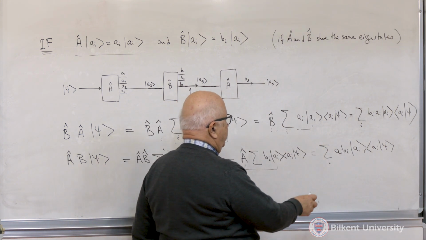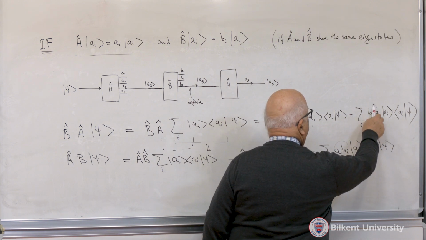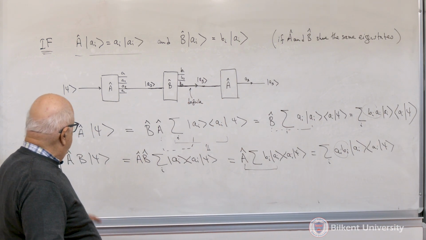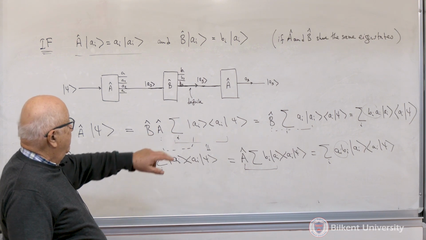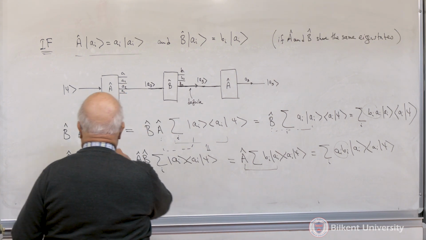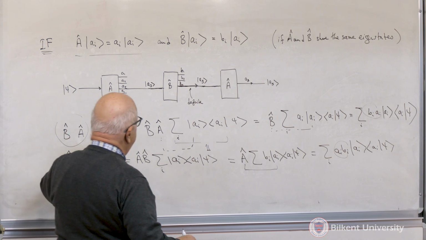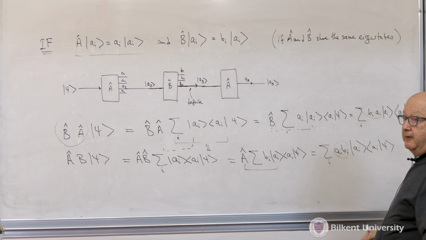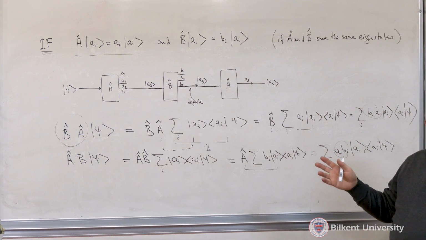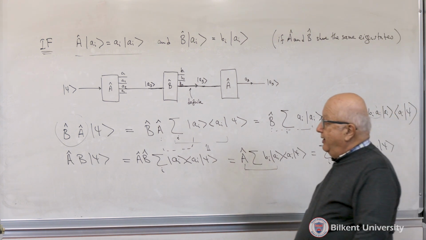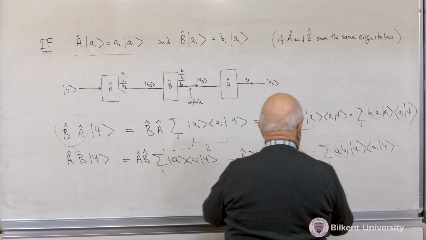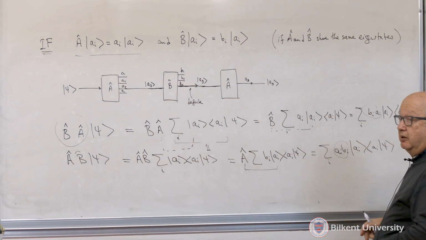But since these are just two numbers, these two numbers are equal to one another. And that means BA operating on psi gives me something. Psi is a very general vector. AB operating on psi gives me exactly the same thing.